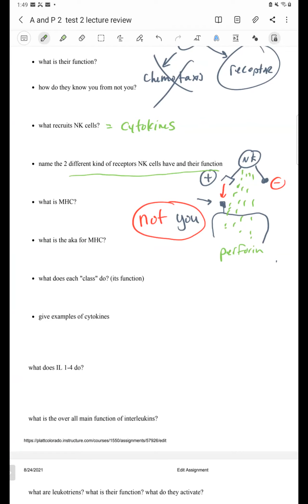Okay, what is MHC? Well, that's major histocompatibility complex.